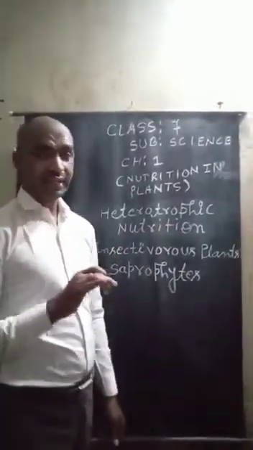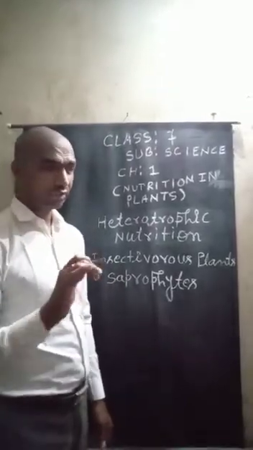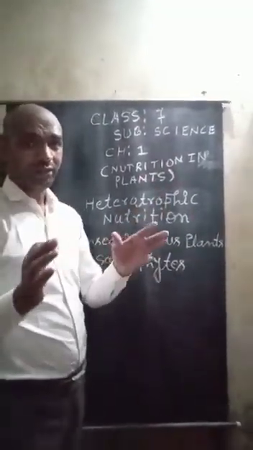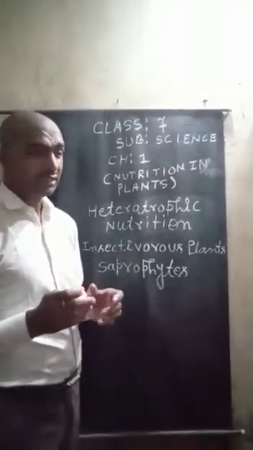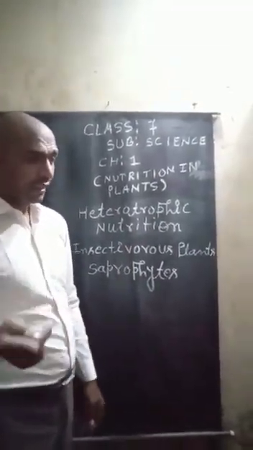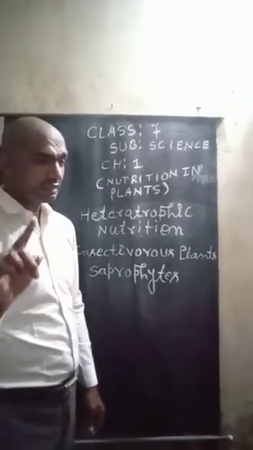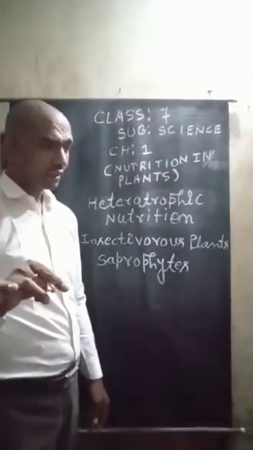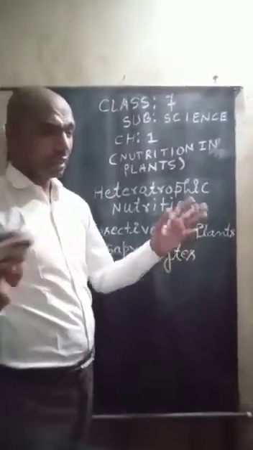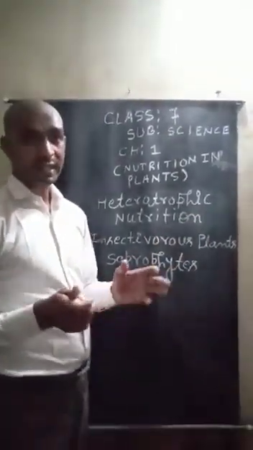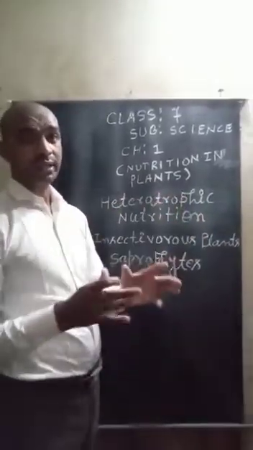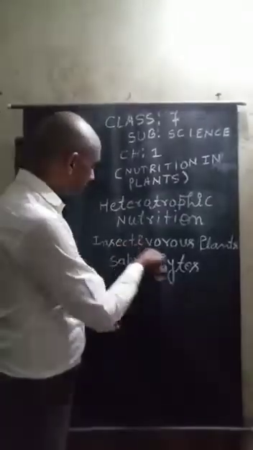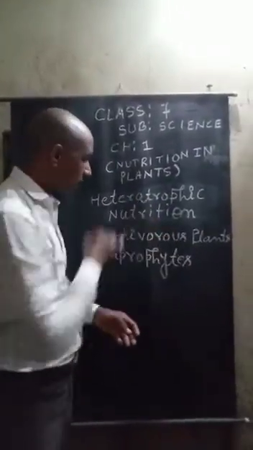That means the Venus flytrap also has a modified leaf, and that modified leaf is folded along the midrib of the leaf. When any insect sits inside the lobe, it triggers the mechanism of closing the lobe. Then the lobe will be closed permanently and the insect will be digested. So this much I am telling you about insectivorous plants.